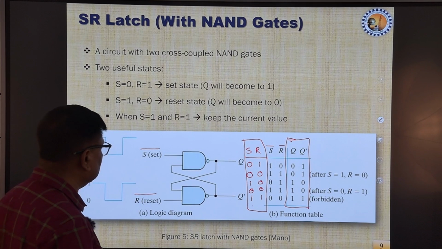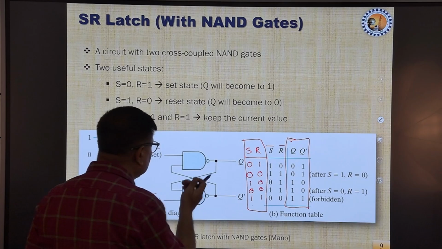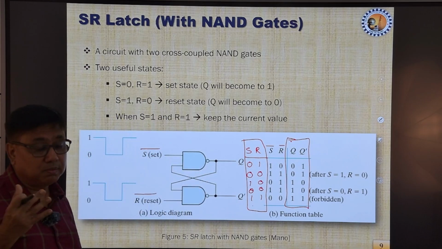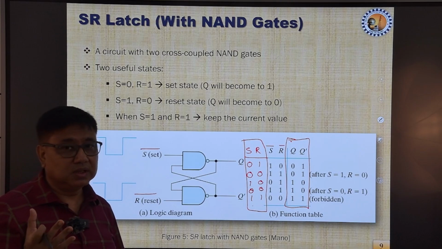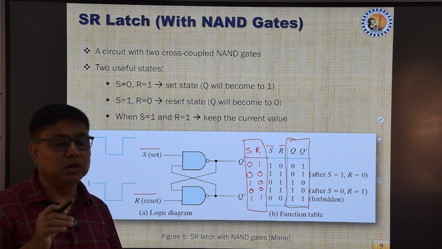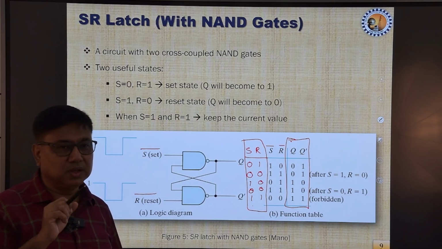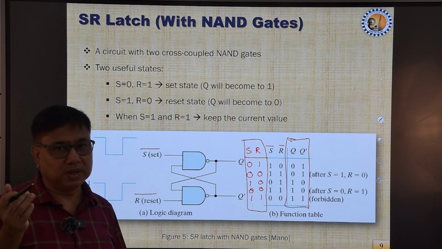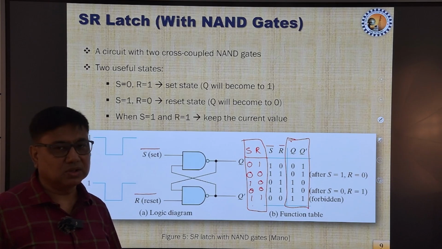Over here now we can see the NAND gate has the basic truth table property that it is the opposite of the AND gate. AND gate output is 1 only when all the inputs are 1, and if any of the inputs is 0, the output will become 0. Now the NAND gate has just the reverse operation.